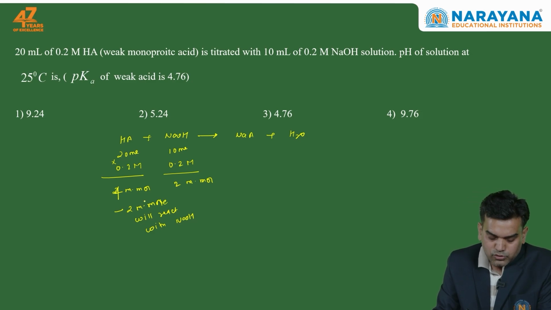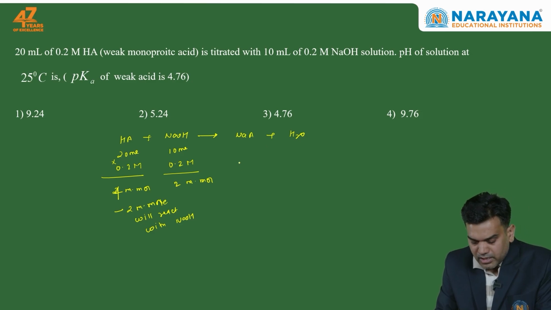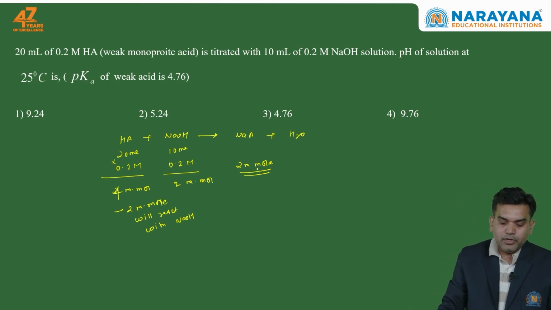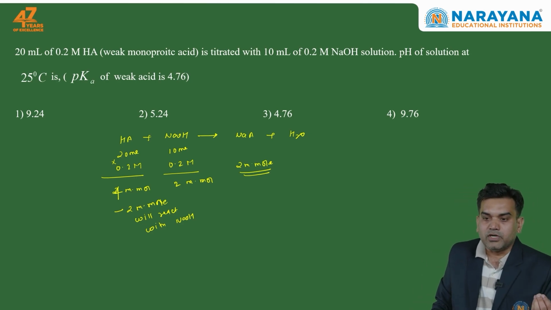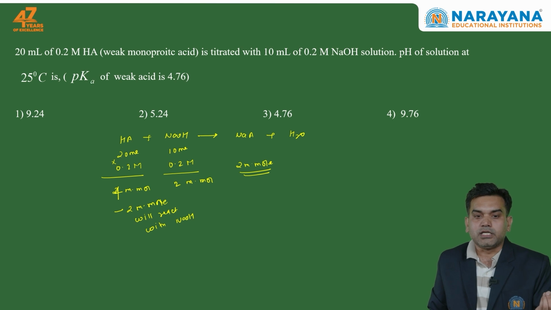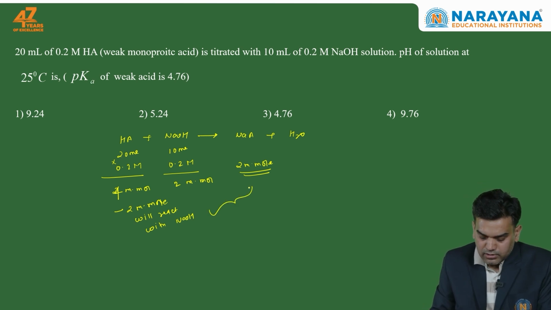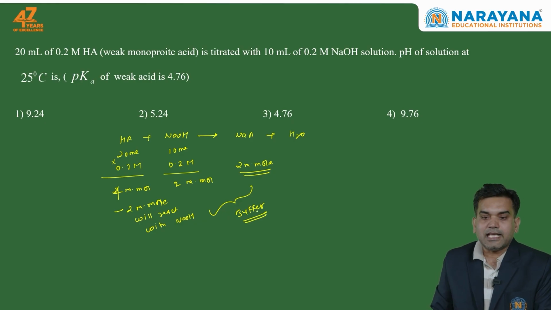So 2 millimoles of HA will give 2 millimoles of NaA. Now we have some quantity of sodium salt and some quantity of the weak acid, so this is a case of buffer.